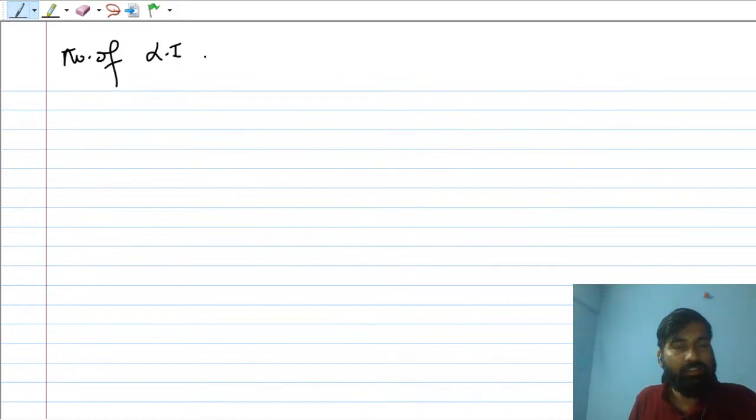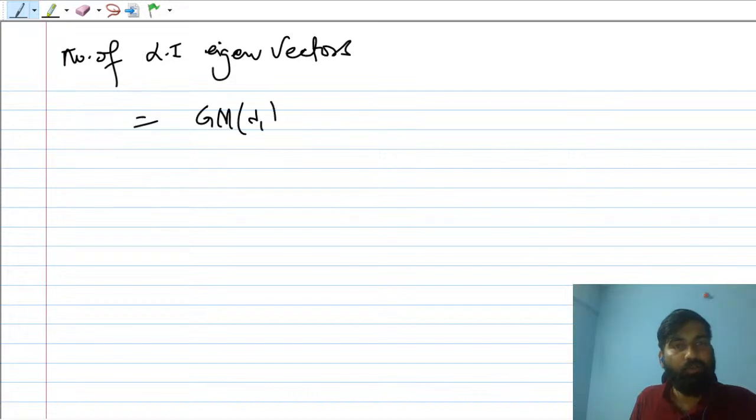So remember, this is very important. The number of linearly independent eigenvectors is equal to the sum of the GM of lambda 1, lambda 2, and so on.